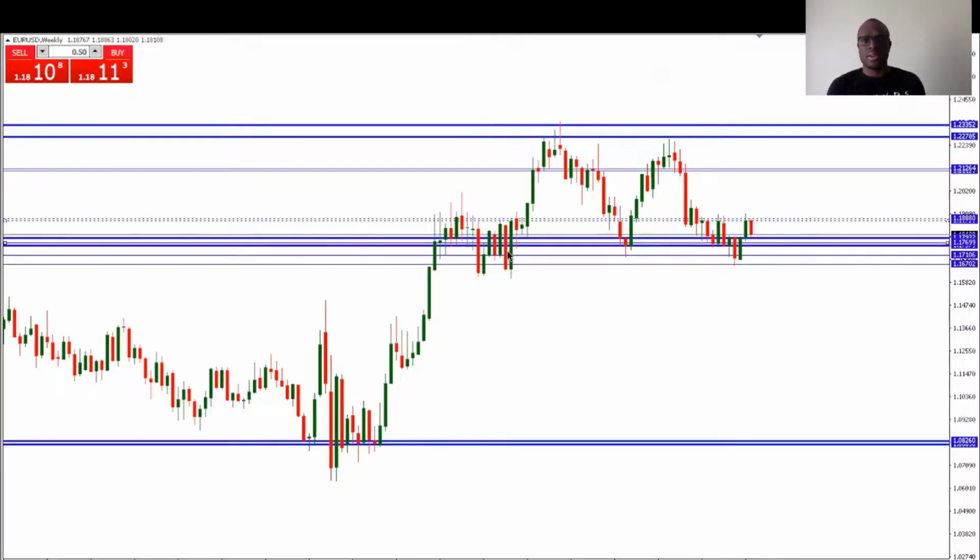On the weekly chart, we can notice that the price is still playing the way that we had anticipated that it would do. So we are waiting for the price now to break this structure.